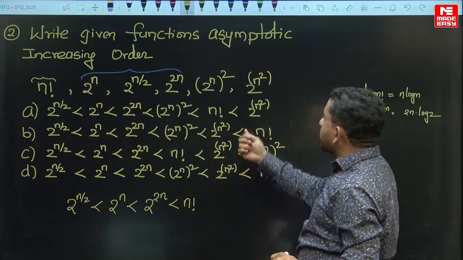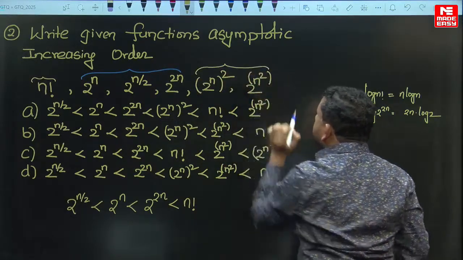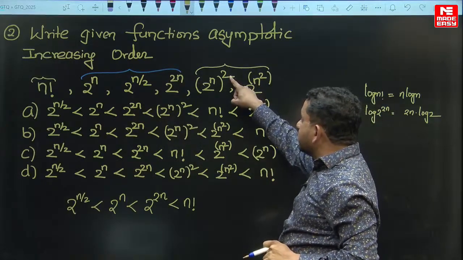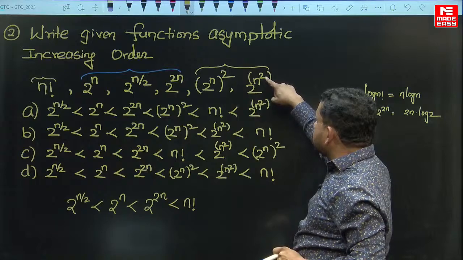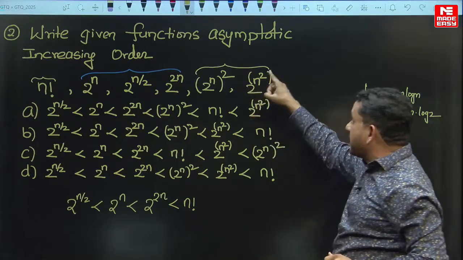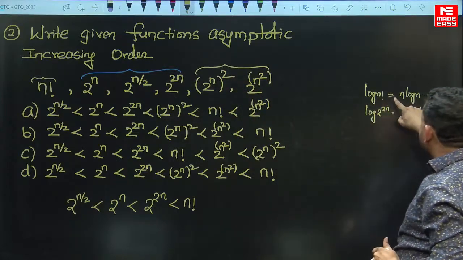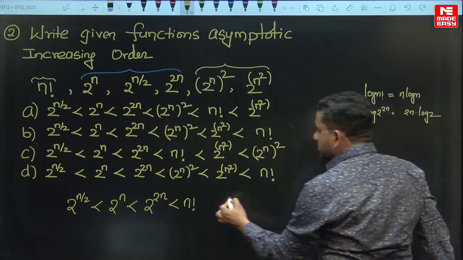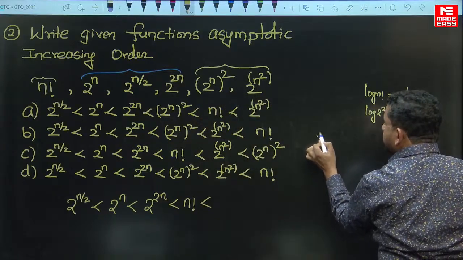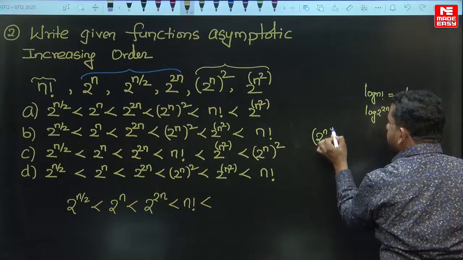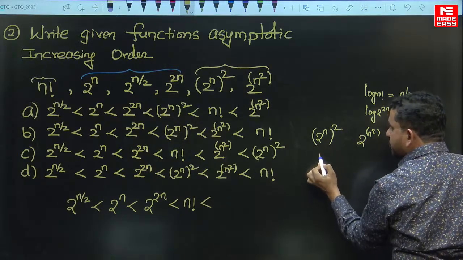Compared to n factorial, these two functions are asymptotically bigger. If you apply logarithm to this, it becomes n square multiplied with log 2, so the log of these two functions is bigger than log n factorial. That means these two are bigger functions. To get the asymptotic comparison for 2 power n whole square and 2 power n square, apply logarithm to these two functions.